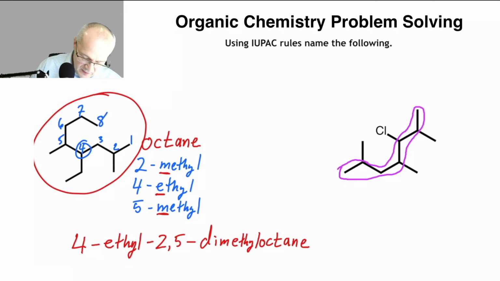There you go. Now again, the rule is number from the carbon on the end closest to the first substituent. So that's going to be here. 1, 2, 3, 4, 5, 6, and 7. Now you might be asking, why did you number there?